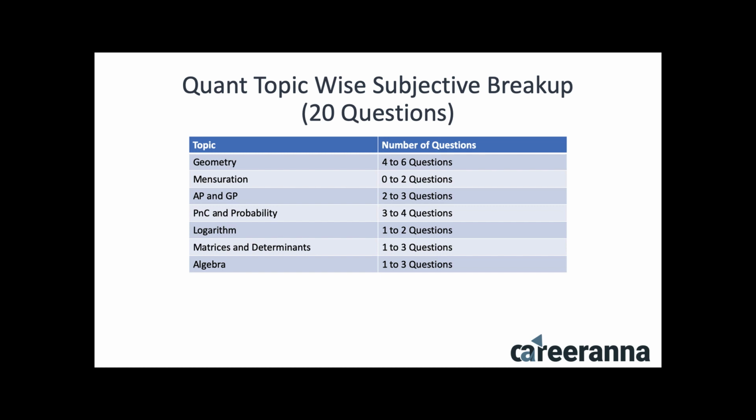Then you will get 1 to 2 questions from logarithms. Then you will again have matrices and determinants, 1 to 3 questions, and algebra, 1 to 3 questions. So overall, the Quant section is structured in such a way that geometry and algebra are the most important components of your math syllabus for the IPM examination.